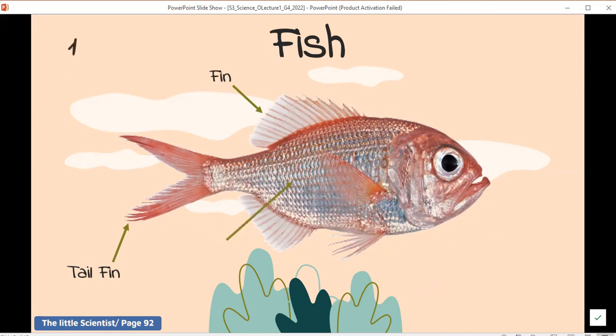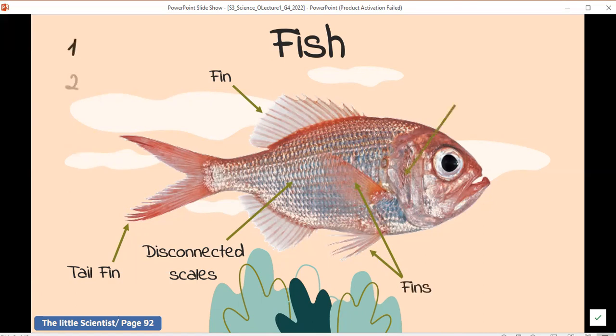What covers the fish body? Disconnected or detached scales. Good job. What are those? Those are fins. Fins help the fish swim in water.